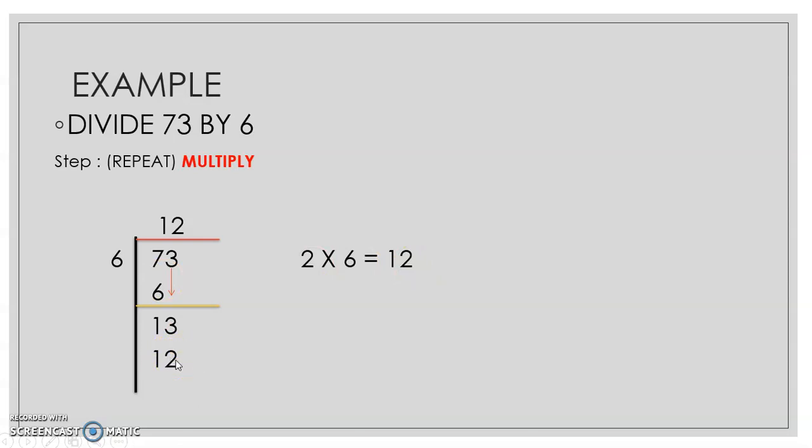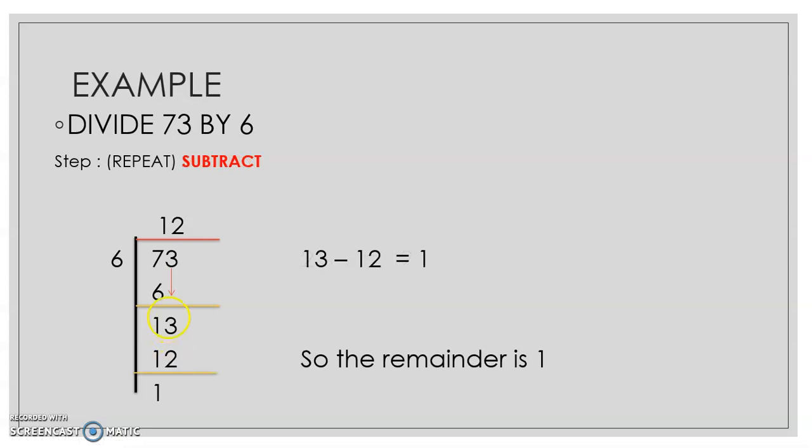Next is to subtract. 13 minus 12 is 1. So the remainder of this question is 1. So 73 divided by 6 is 12, remainder 1.